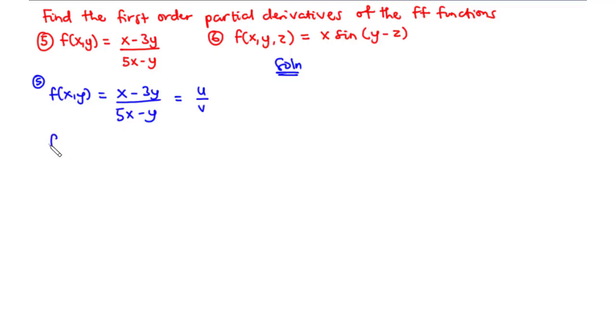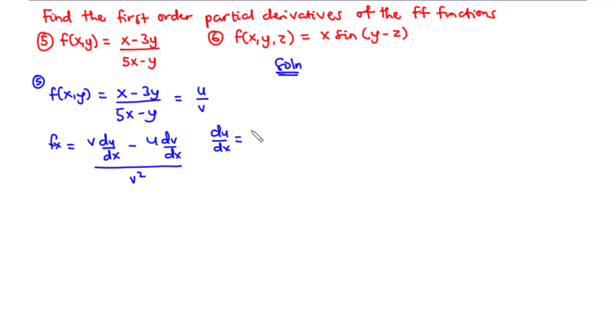So to find fx, that is given by v du/dx minus u dv/dx, all divided by v square. So we have du/dx to be equal to, so the numerator we are going to differentiate with respect to x.